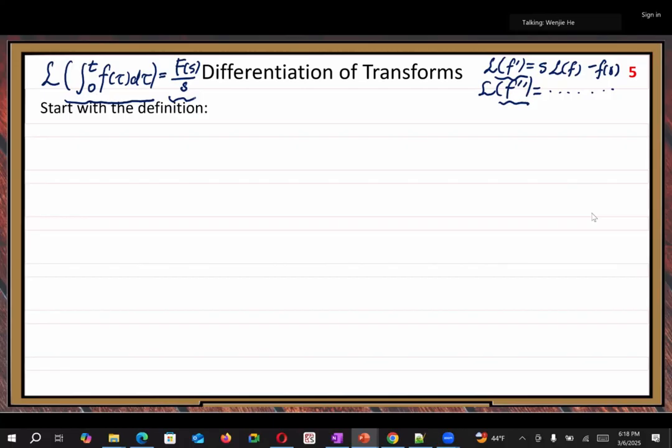Let's start with the definition. From the definition of the Laplace transform, think about this equality. This equality is true all the time, for any s greater than 0.